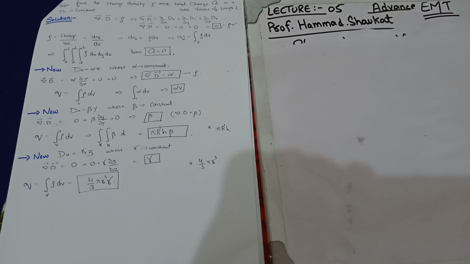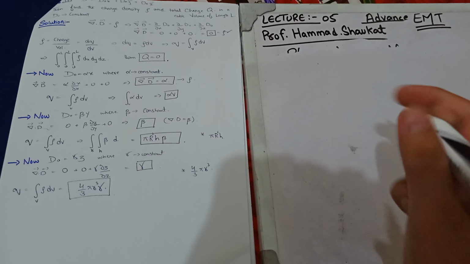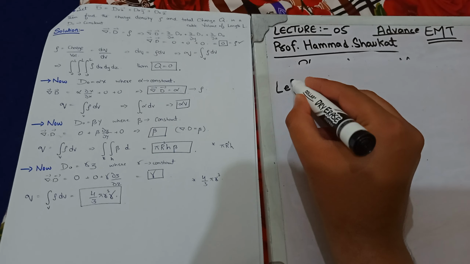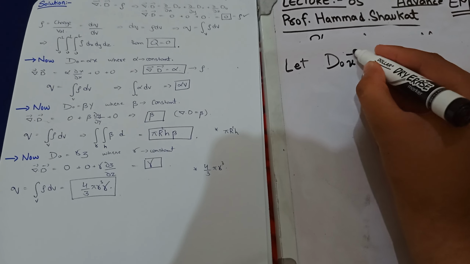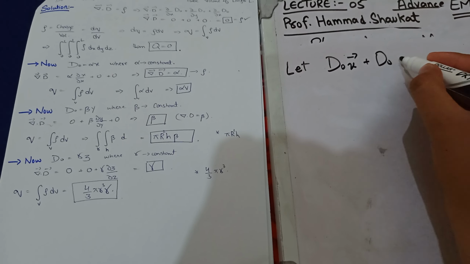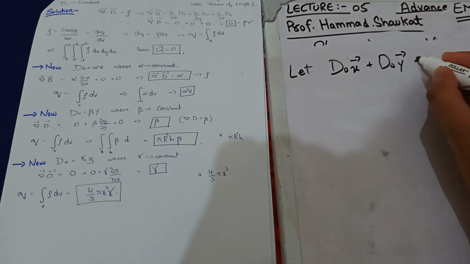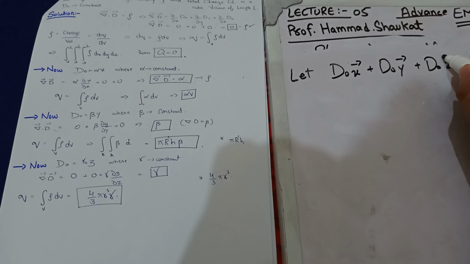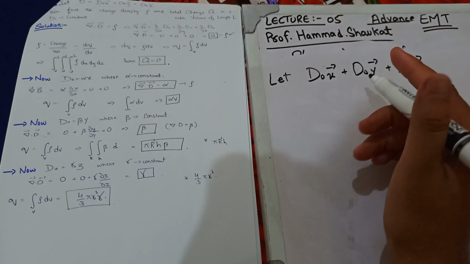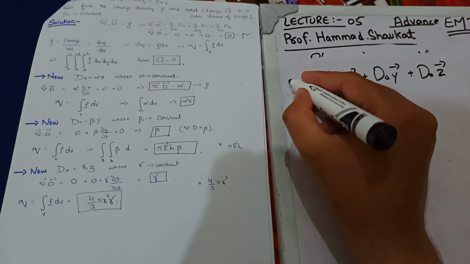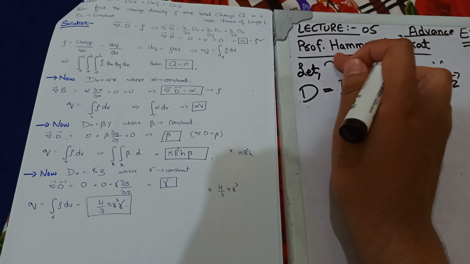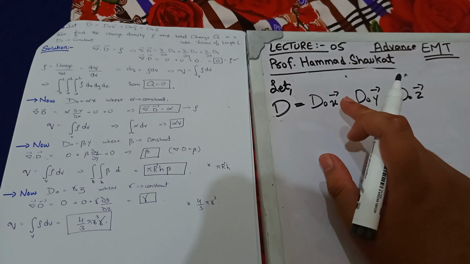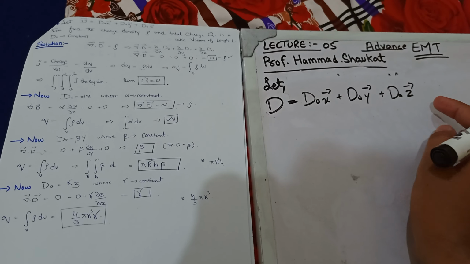What you have to do in this example, let me write here. Let d equal d naught x, d naught y, and d naught z.